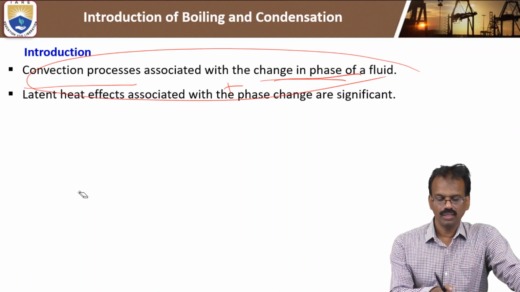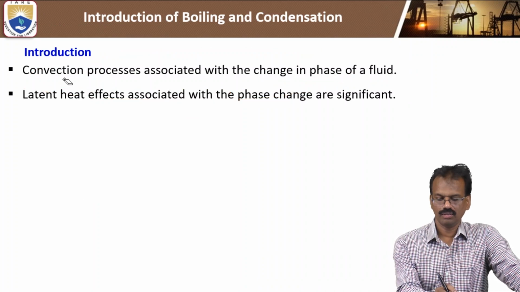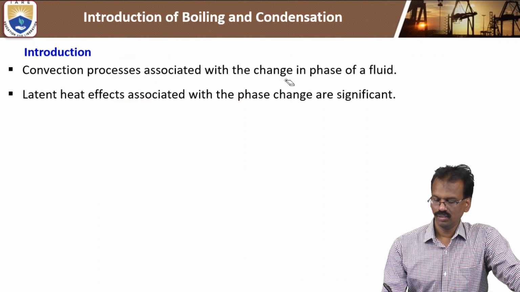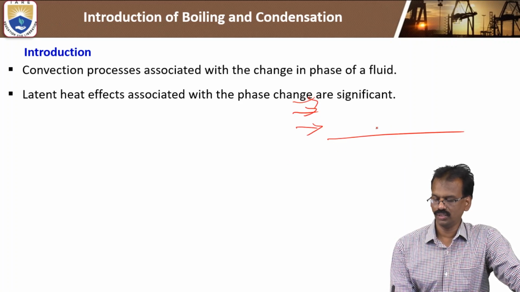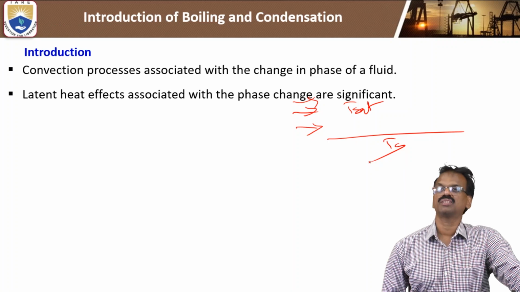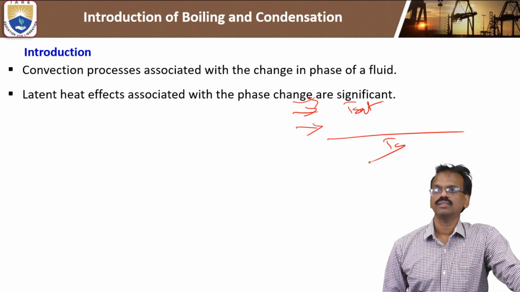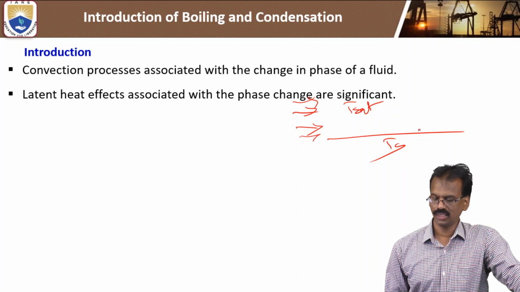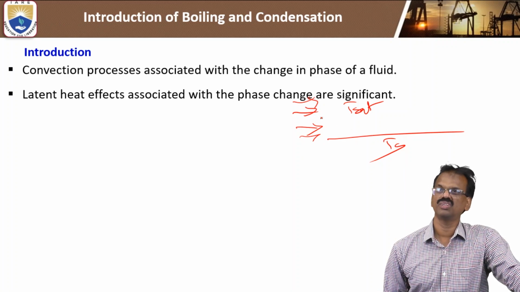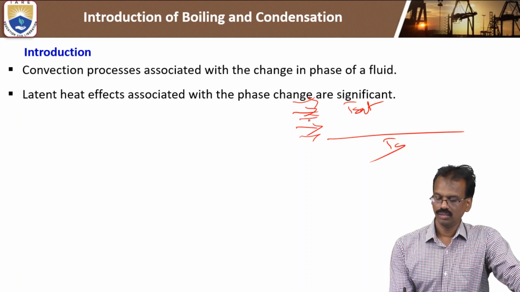One thing we have to observe here. This is the solid surface, and the water is flowing like this. This is the saturation temperature and this is the solid temperature. Water is moving on a surface, so heat transfer takes place from the solid surface to the liquid or fluid.